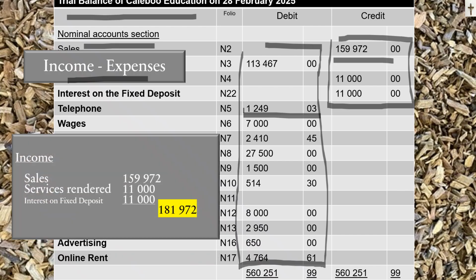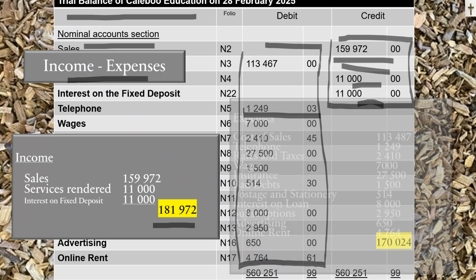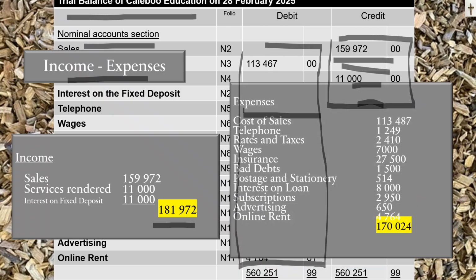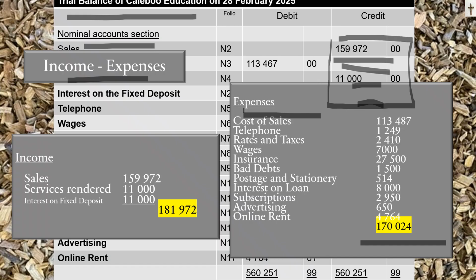If we add up our income, there it is, we get 181,972. If we add up our expenses, we get 170,024. There all the expenses are listed. And the formula for profit is income minus expenses.